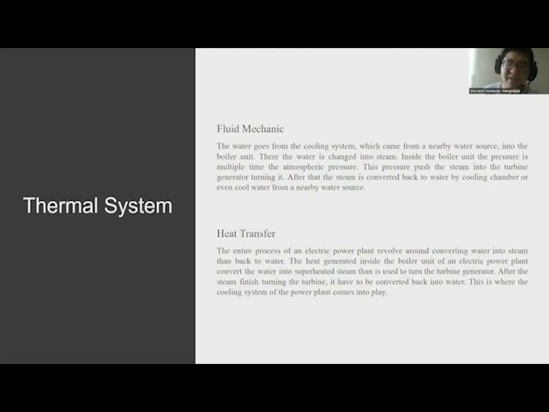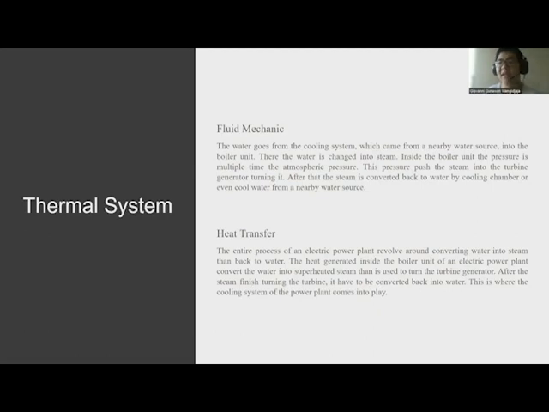For fluid mechanics, it is the water inside the cooling system and the water and the steam coming through. They are the fluid mechanics inside the power plant. This fluid mechanics happens when the water moves inside the power plant, when the cooling system works, or when the water flows inside the boiling unit.